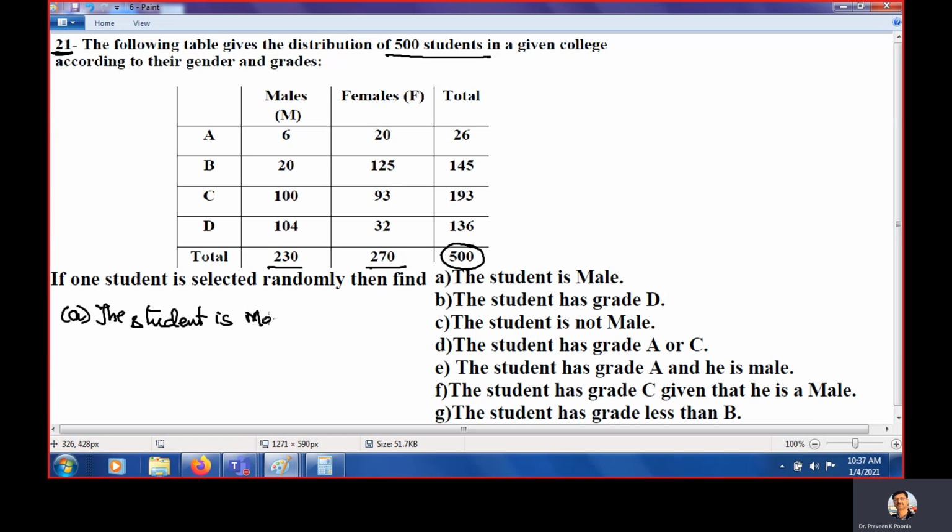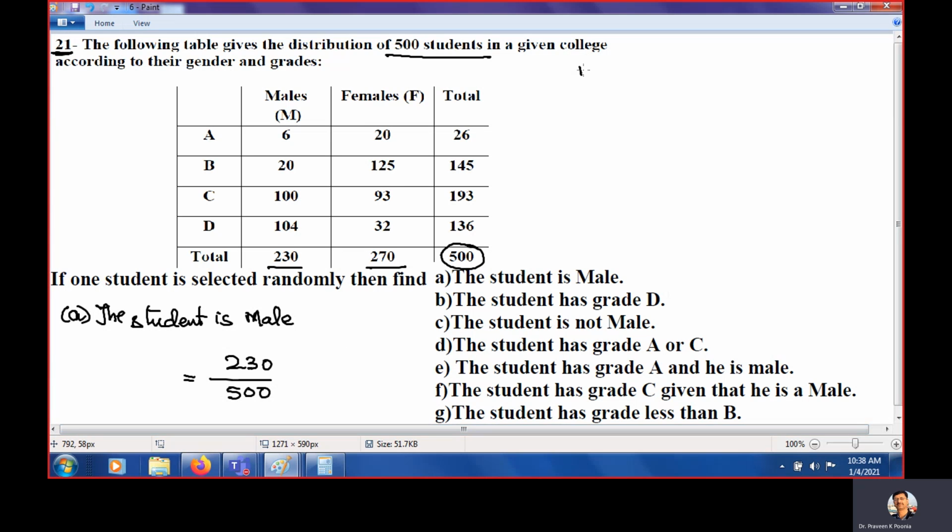And please remember the same condition. If given condition, then only denominator is changed. Otherwise, denominator in every question will remain 500. How many male? 230 are males. So the answer is 230 upon 500.